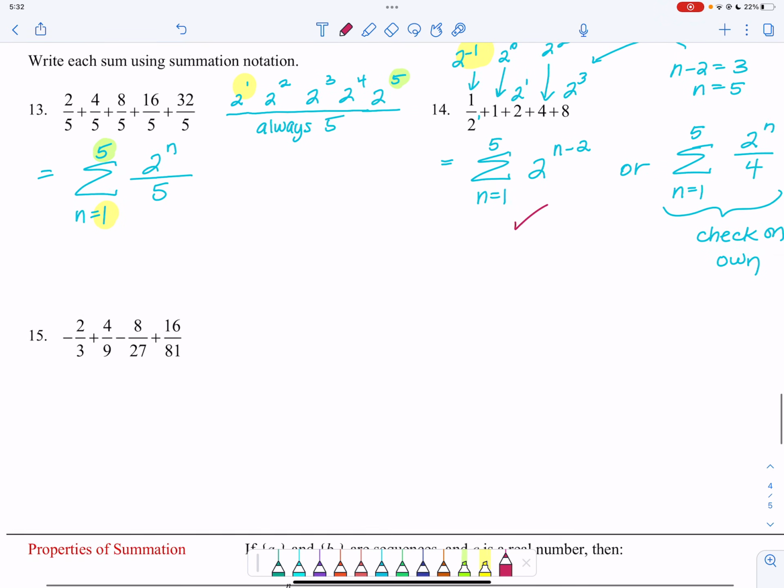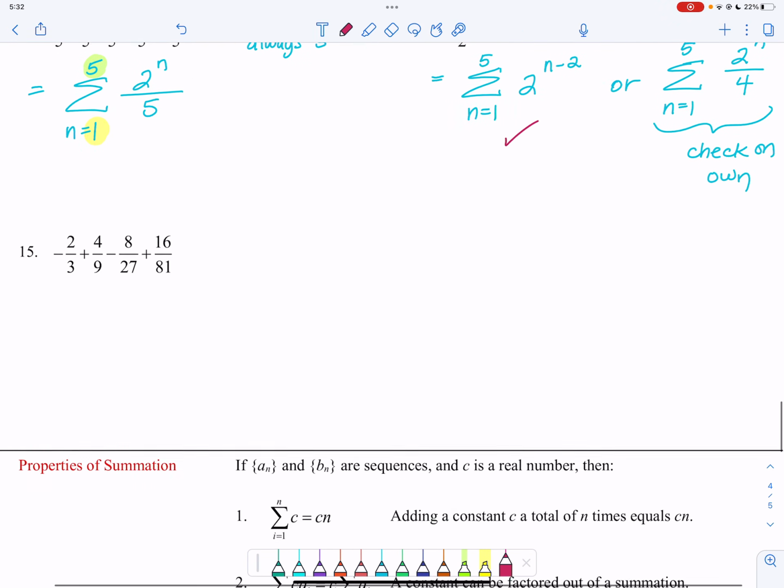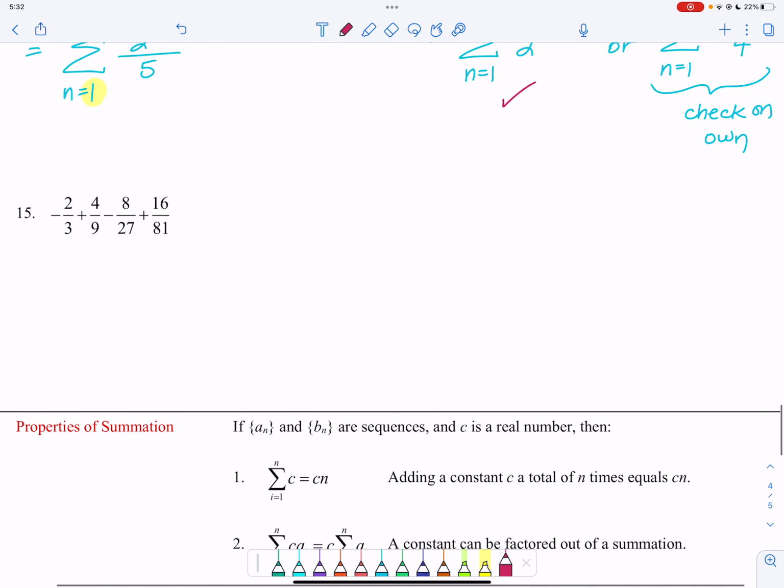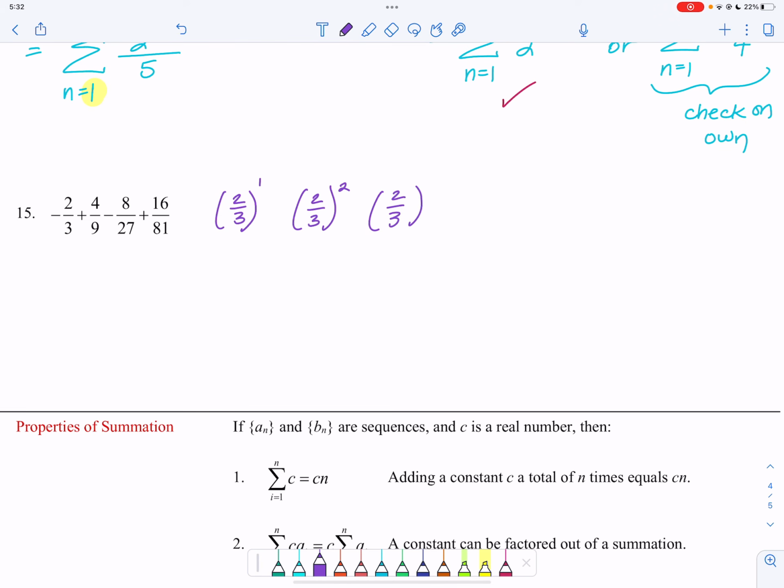Okay, let's take a look at number 15. As you can see, we have both 2 and 3. So it looks like we have 2/3 to the first power, and then we have 2/3 squared, and we have 2/3 cubed, and we have 2/3 to the fourth power.